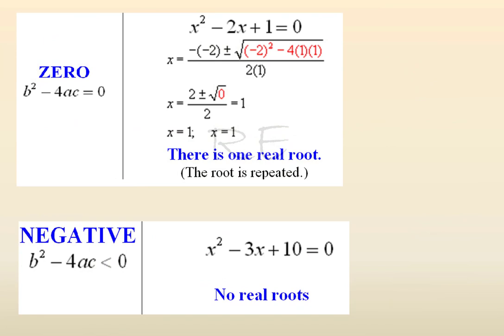If the discriminant is equal to 0, b squared minus 4ac is equal to 0, you have a double real root. The root is repeated.